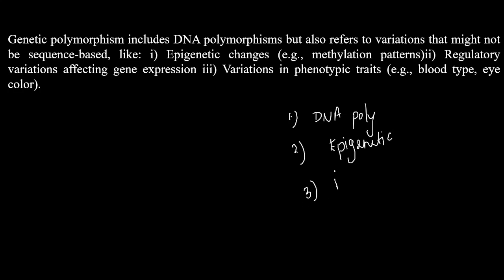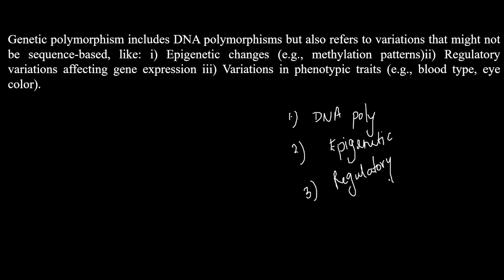Number three is the regulatory polymorphism. So genetic polymorphism is a broader term, while the DNA polymorphism is a smaller, briefer term, that will include only the DNA sequences.